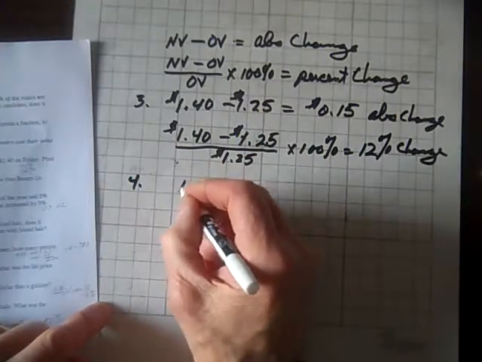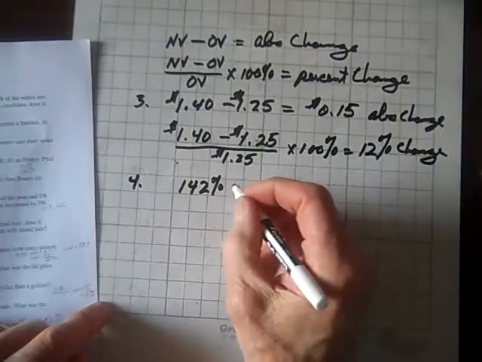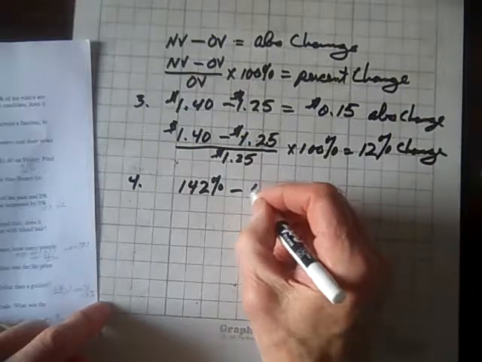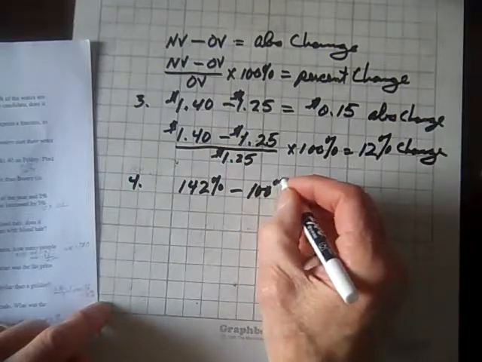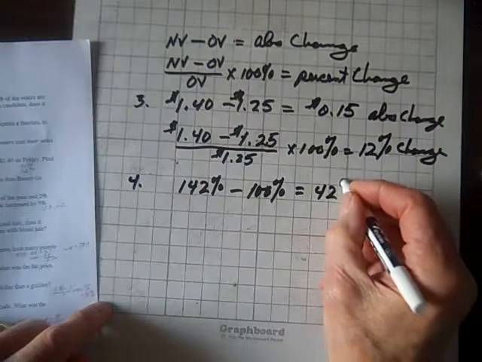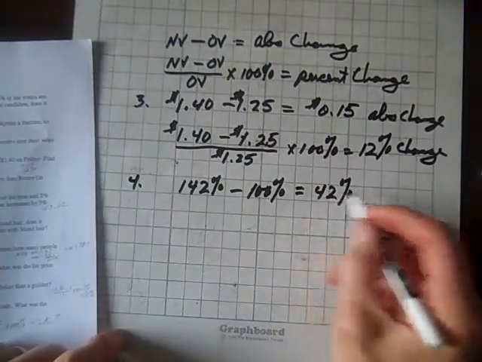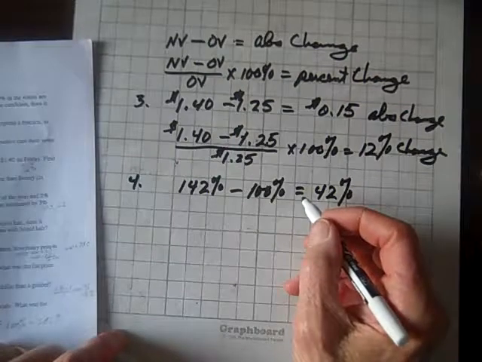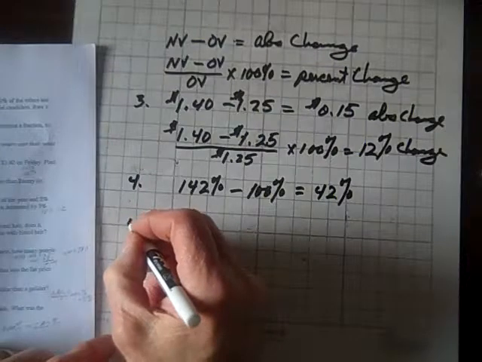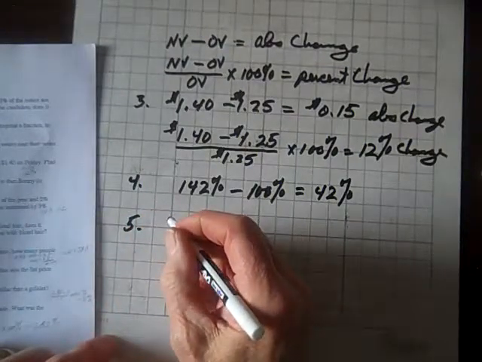So 142% minus the old value, which is 100%, or Benny's, equals a 42% change. So how much more does Kenny earn? He earns 42% more. Let's see. Finally 5, and then let's do 5 and we'll take a break.